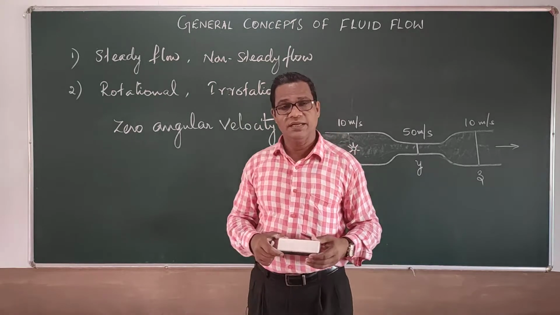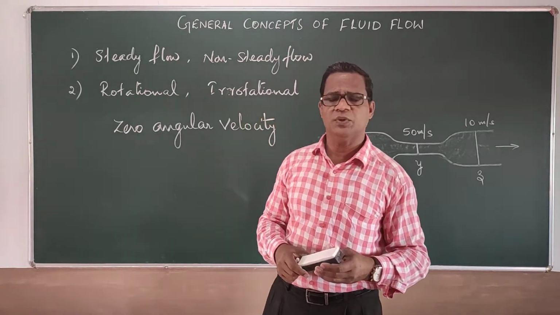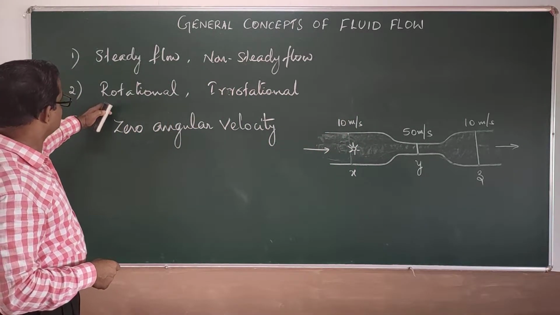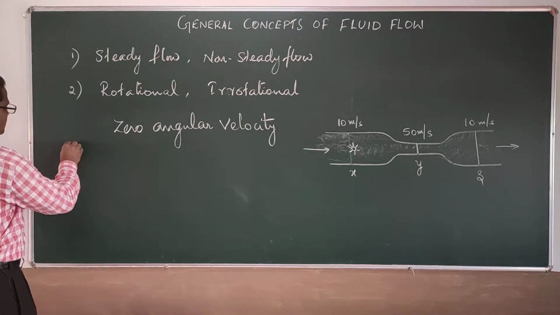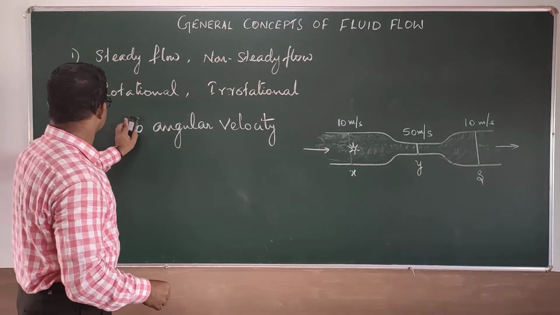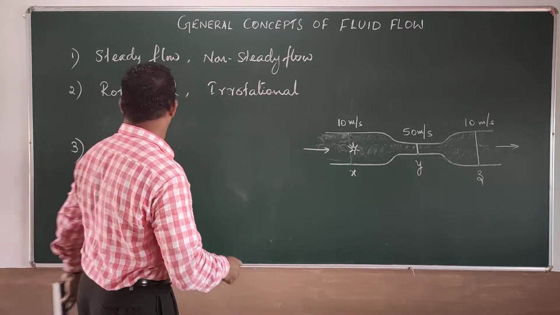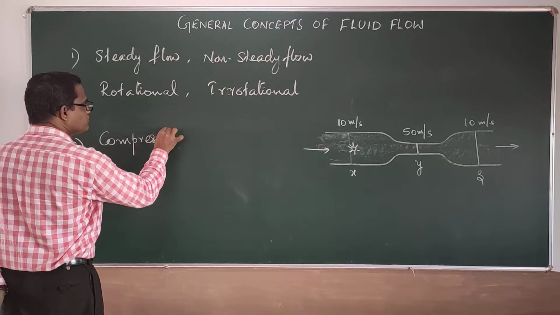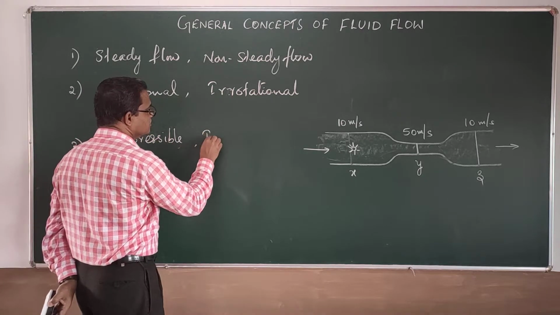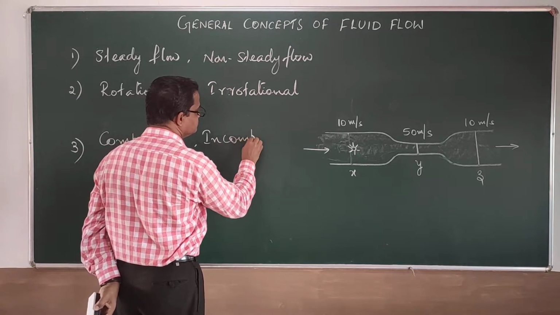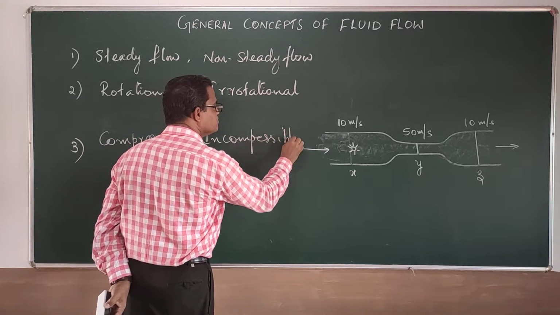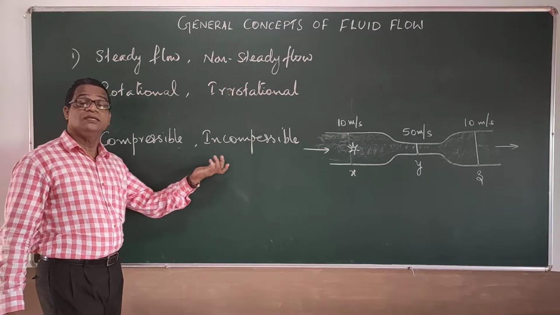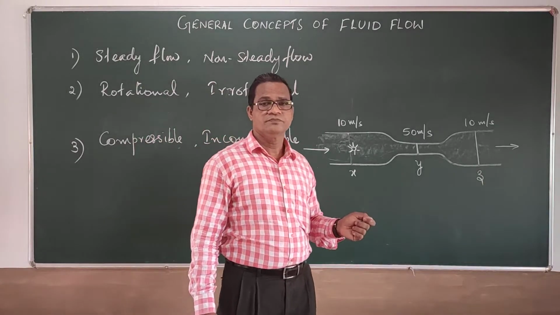So, steady flow, non-steady flow, rotational, irrotational. Then comes the third one, that is compressible or incompressible. The fluid flow can sometimes be compressible or incompressible.